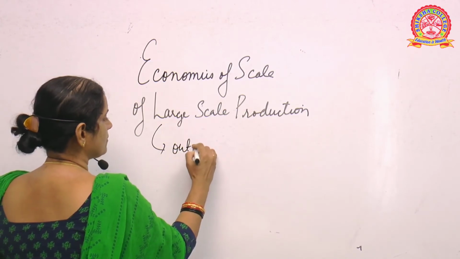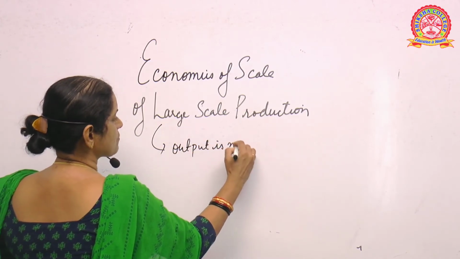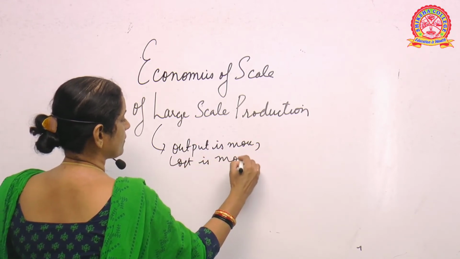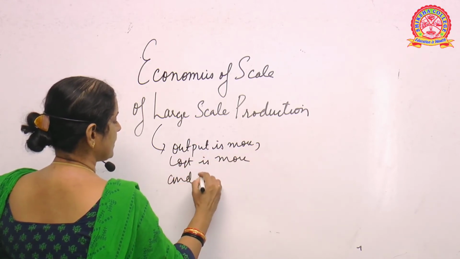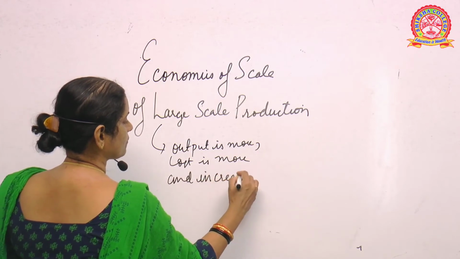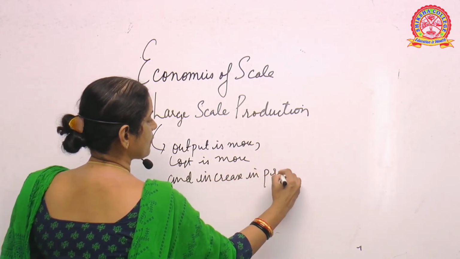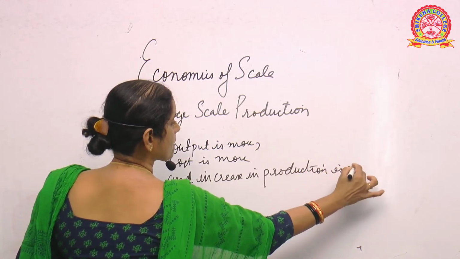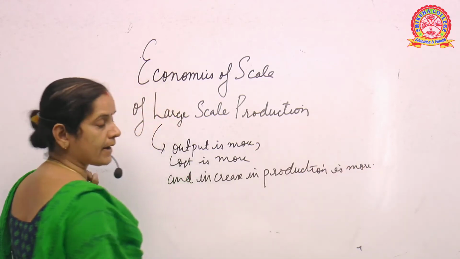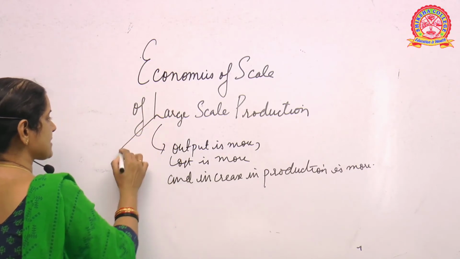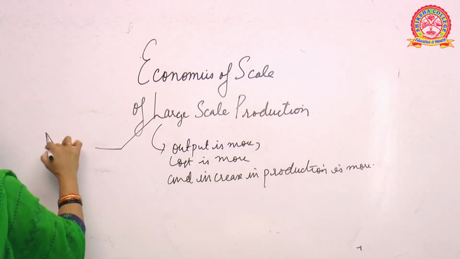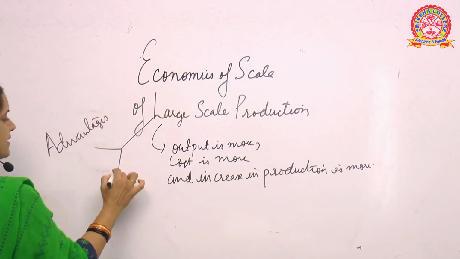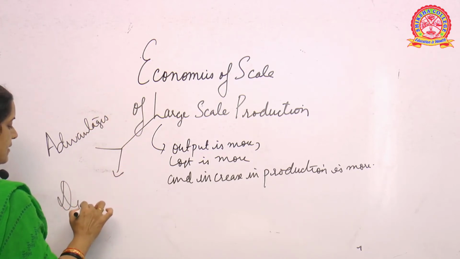Output is more, cost is more, and increase in production is more. Now this has some advantages and disadvantages also.